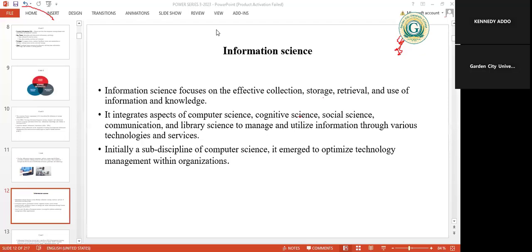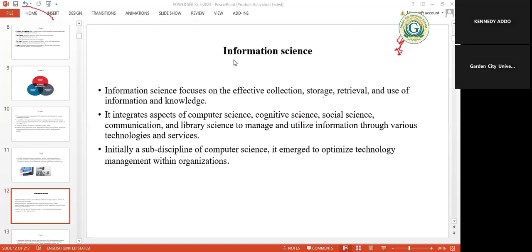Now, let's look at information science. I think I've already given a hint about information science, but we are further going to look at what really constitutes information science. Information science focuses on the effective collection, storage, retrieval, and use of information and knowledge.